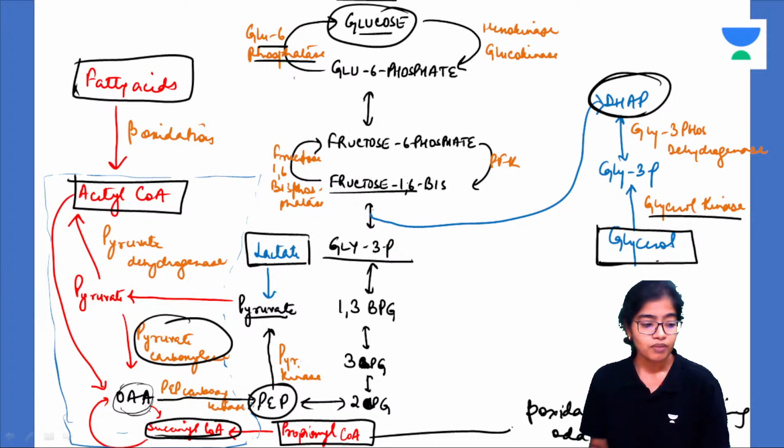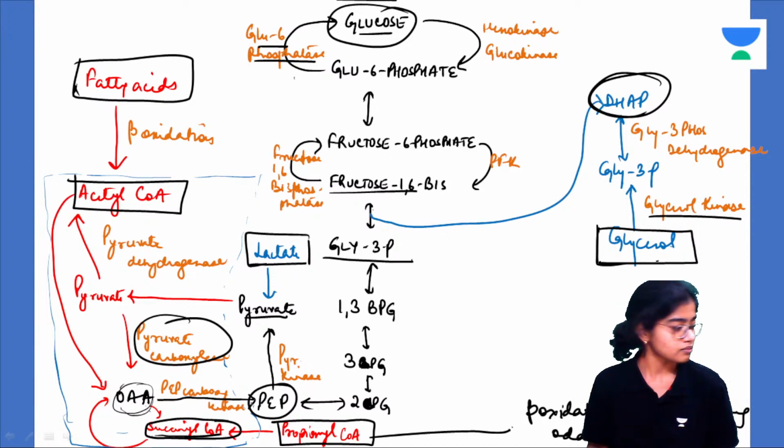Understood or not? Always remember the 3 enzymes involved with pyruvate, that are pyruvate kinase, pyruvate carboxylase, and pyruvate dehydrogenase. Pyruvate kinase produces pyruvate from phosphoenol pyruvate. Pyruvate carboxylase produces oxaloacetate from pyruvate.